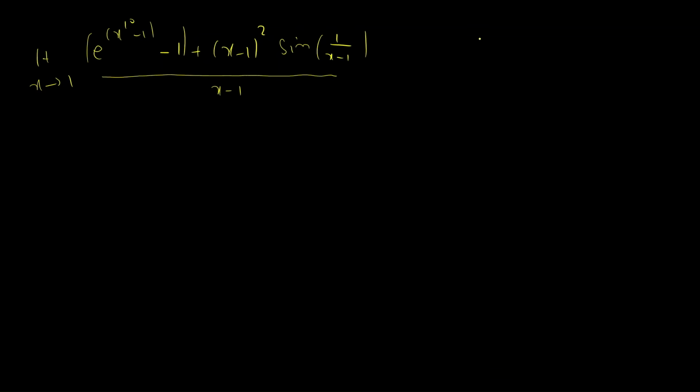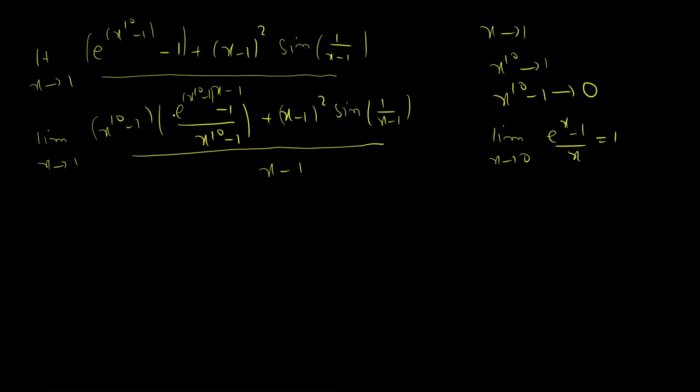Because since x is tending to 1, I can say that x power 10 will also tend to 1, which will imply that x power 10 minus 1 will tend to 0. That is the reason we can use the limit that I mentioned before, limit x tends to 0, e power x minus 1 by x is equal to 1. Let me write that down.